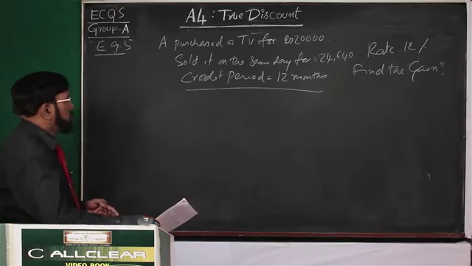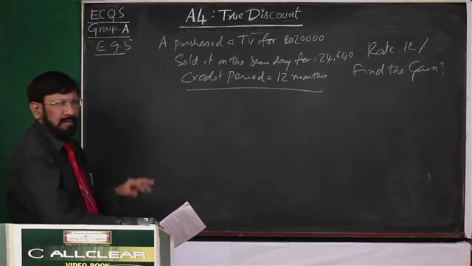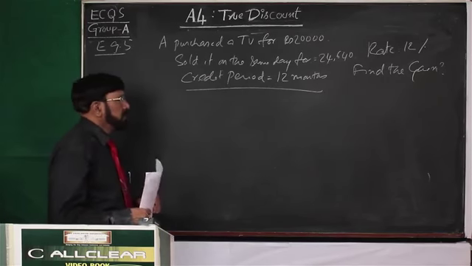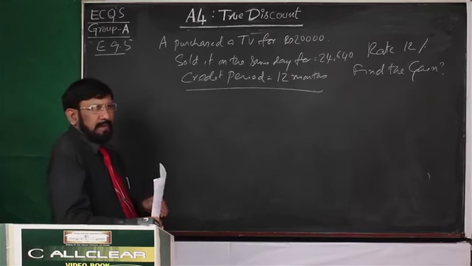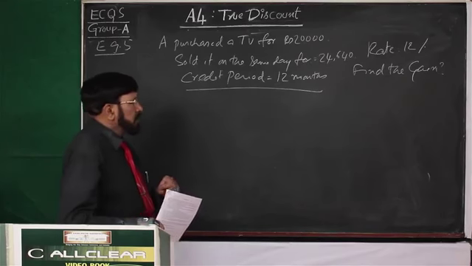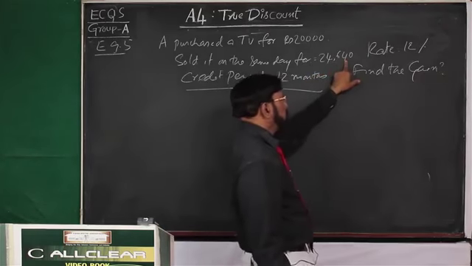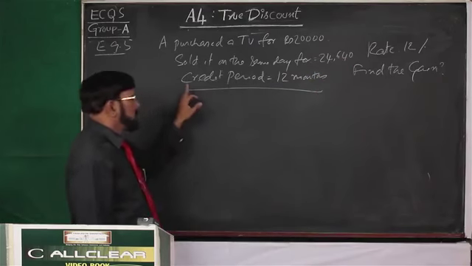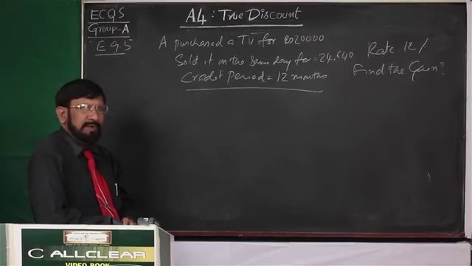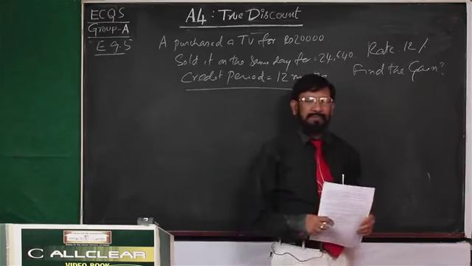Example number 5 is a different problem. A purchased a TV for 20,000 rupees. He sold the same to somebody on the same date for 24,640 rupees, and he allowed a credit period of 12 months, means 1 year, and the rate of interest is 12%.